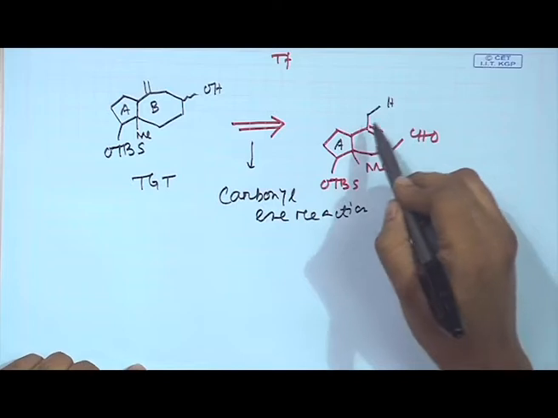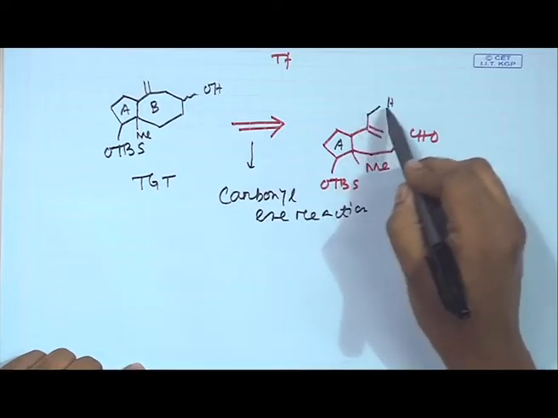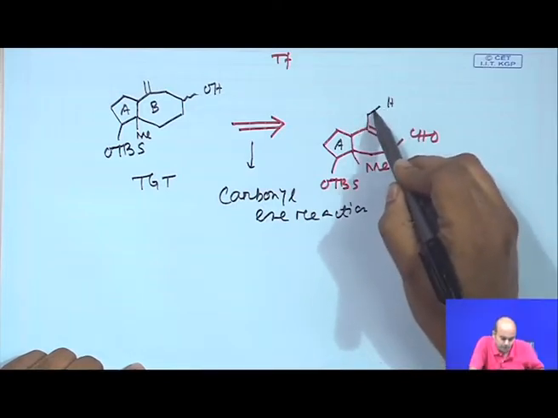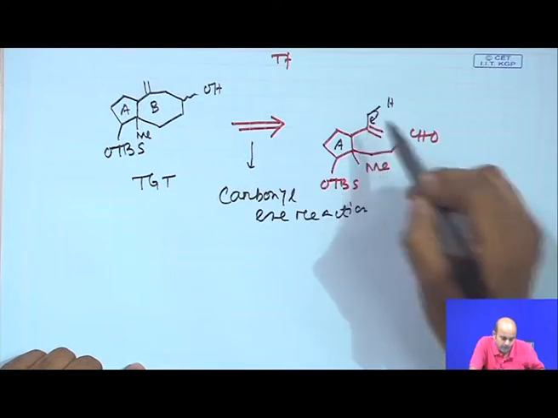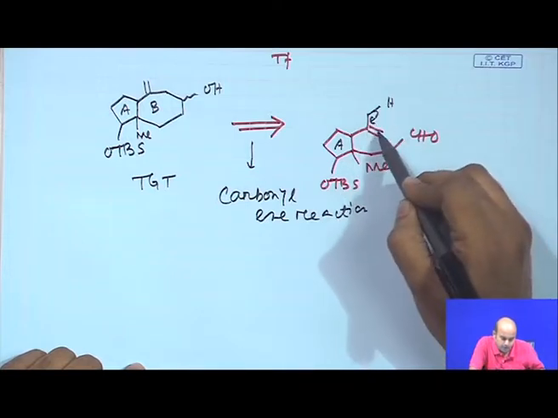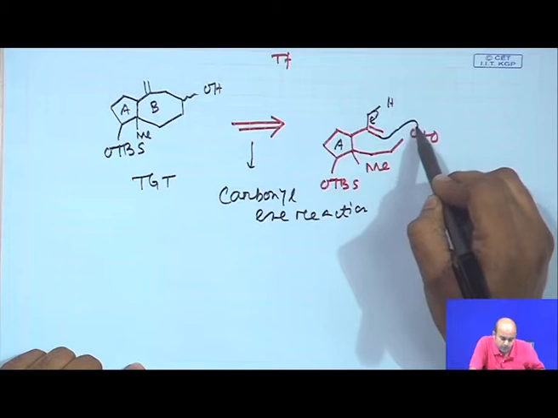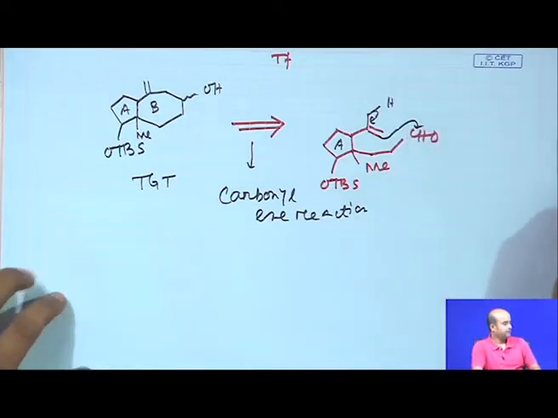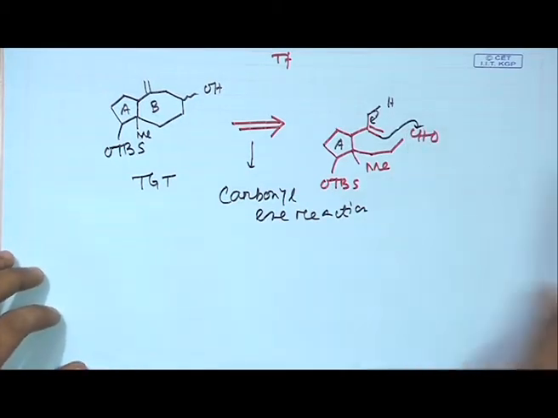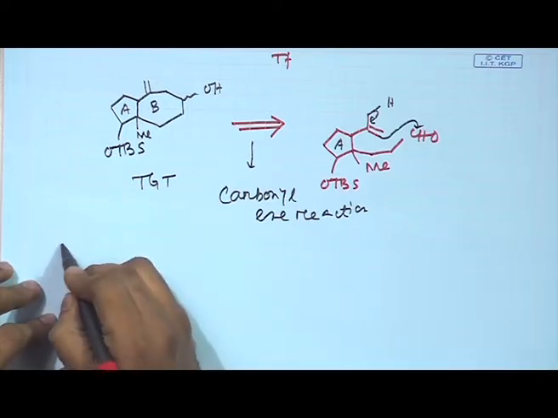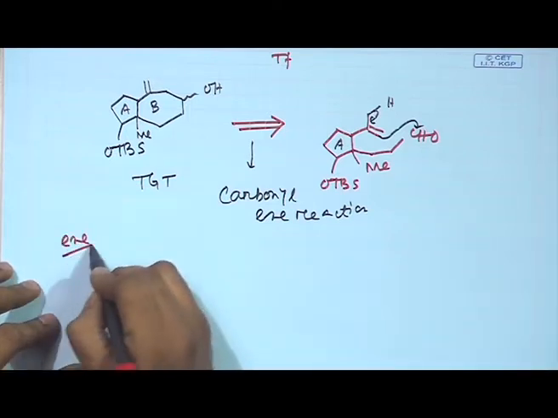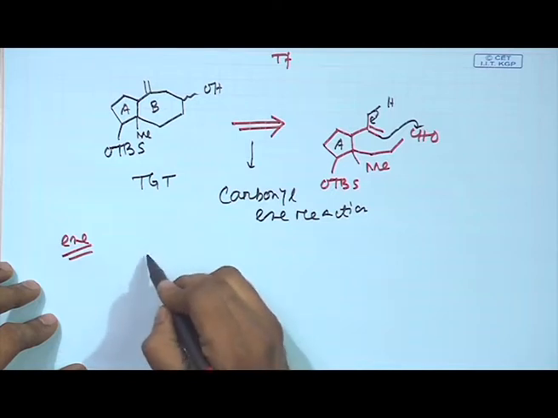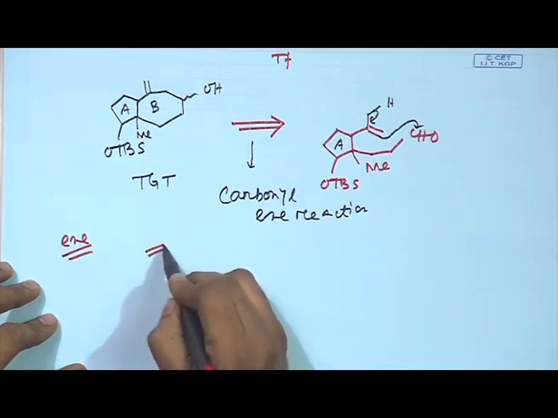It means that this hydrogen of this compound will undergo a hydrogen transfer from this to this carbonyl. The ene reaction is basically a pericyclic reaction. I am just trying to explain what an ene reaction is in a simplified version, not in detail.